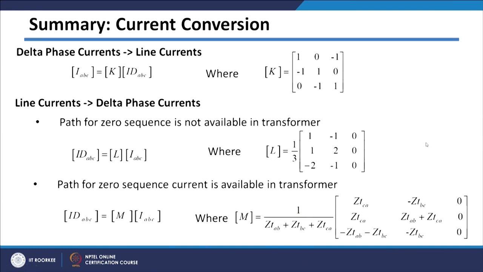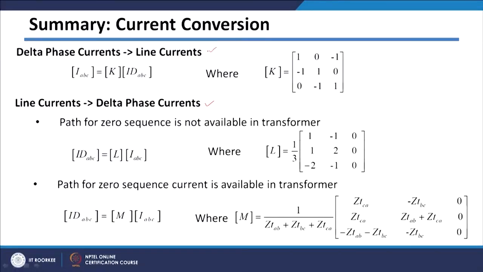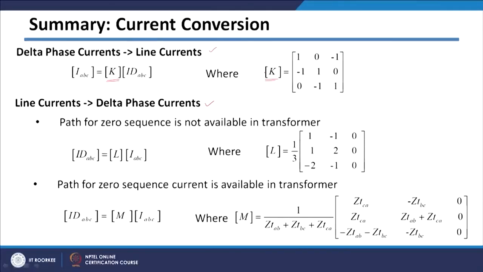Similarly, for current conversions, two types of conversions are required: we need to convert delta phase current to line currents, or line currents to delta phase current. Converting delta phase current to line current is easy, and for that we have seen that we can use this K matrix, which we have derived also. However, when we are converting line current to delta phase current, two cases exist.